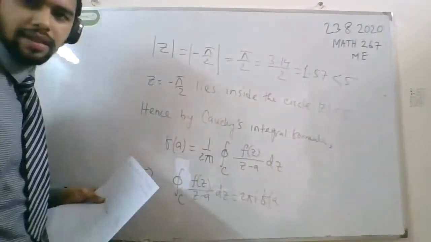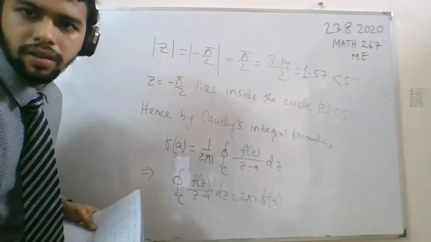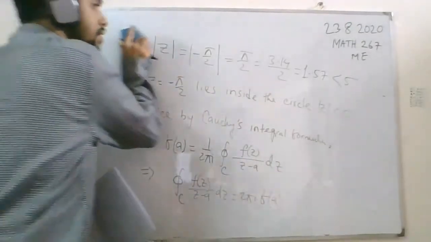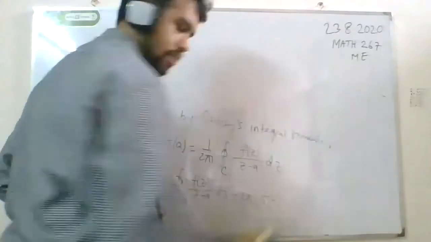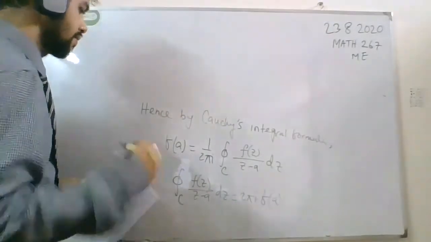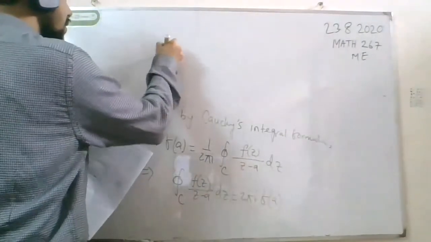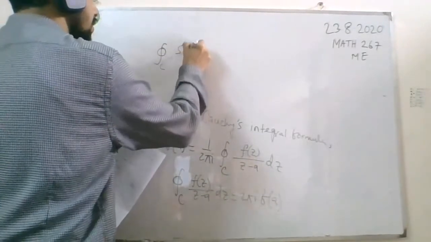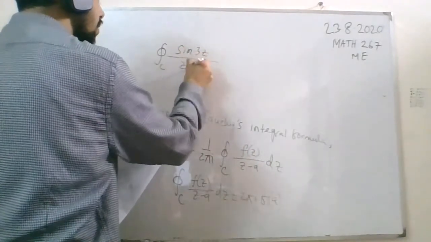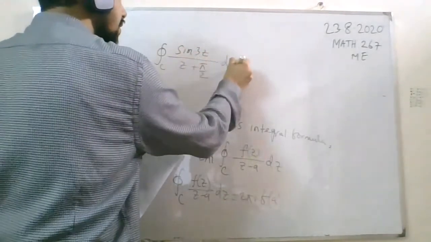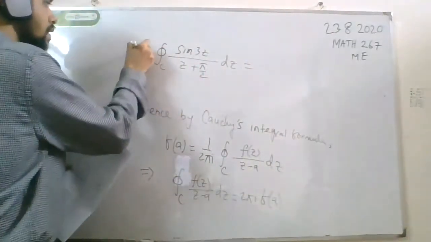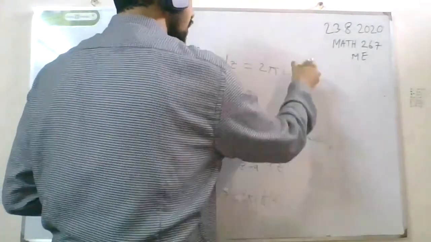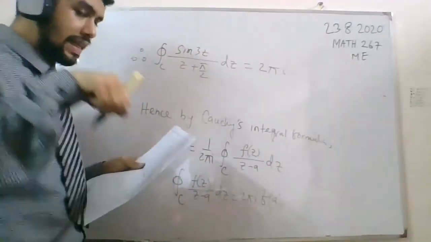Now after that, you can see here the integral of sin 3z divided by z plus pi by 2 dz equals 2 pi i times f of a.